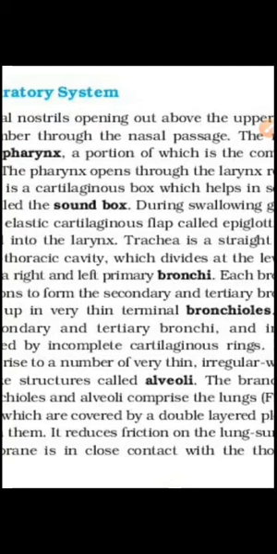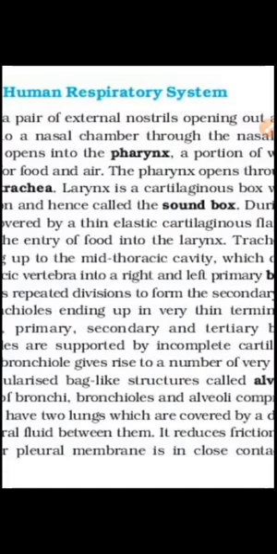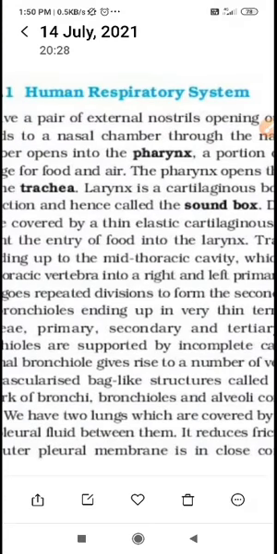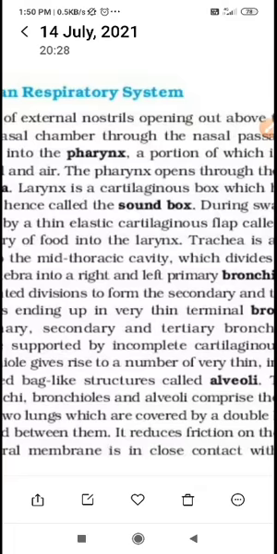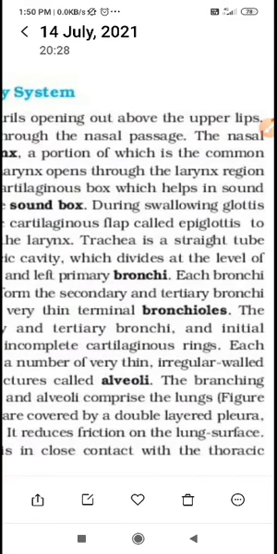In the alveoli there is an exchange of gases, carbon dioxide from the blood to the alveolus, and from the alveoli oxygen to the blood. That we will discuss later on, how the exchange of gases takes place. So these end bag-like structures are the functional units of lungs. Functional units of lungs are alveoli.